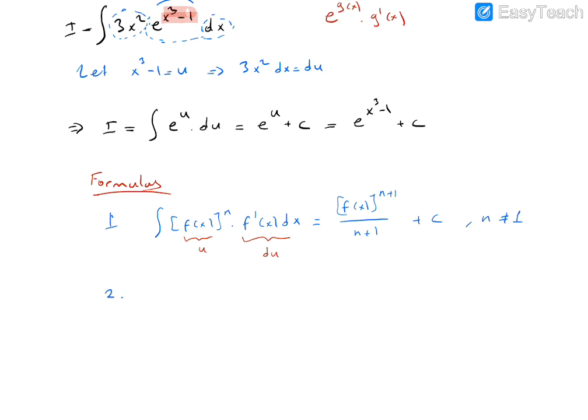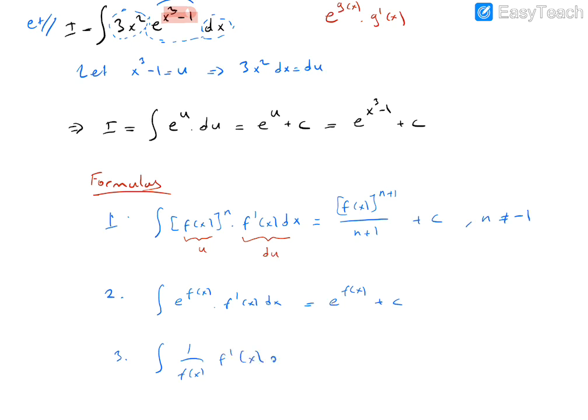And the second formula, e to power f of x times f prime of x dx, which is very similar to the above example. So this equals e to power f of x plus c. If you say f of x is u, f prime times dx will be du. Directly you can conclude. And the last formula, 1 over f of x times f prime of x dx, this is the n equals minus 1 case.